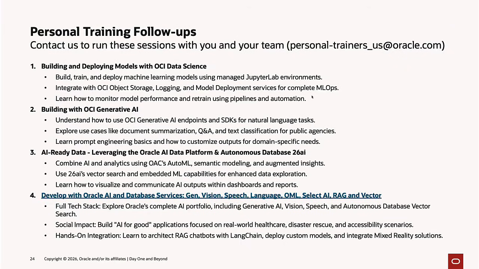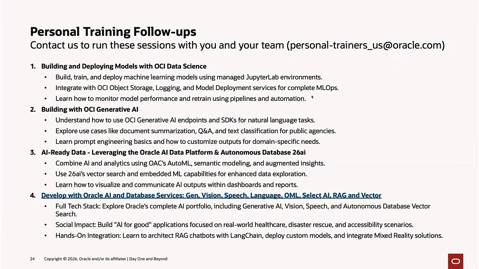That could be building and deploying models with OCI Data Science. We talked about data science being that more customized route. We have building with OCI Generative AI, so actually creating data with these services using some of those foundational models. And then we have leveraging the Oracle AI Data Platform and Autonomous Database 26 AI. This is what our next month's session is going to be talking about as well.